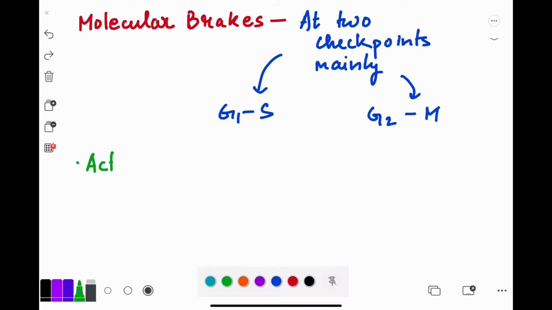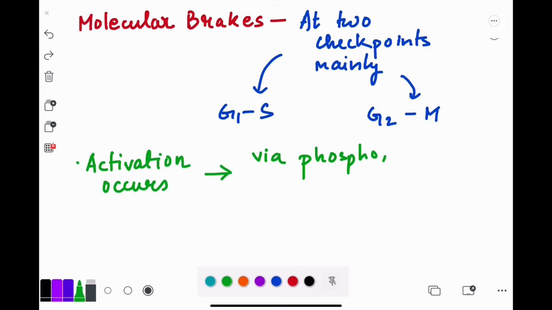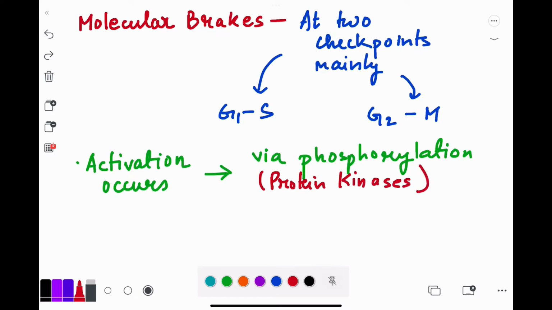You have to remember this point: activation occurs via phosphorylation. If a protein or enzyme is present, upon phosphorylation of that enzyme, it will get activated. Similarly, deactivation occurs via dephosphorylation.